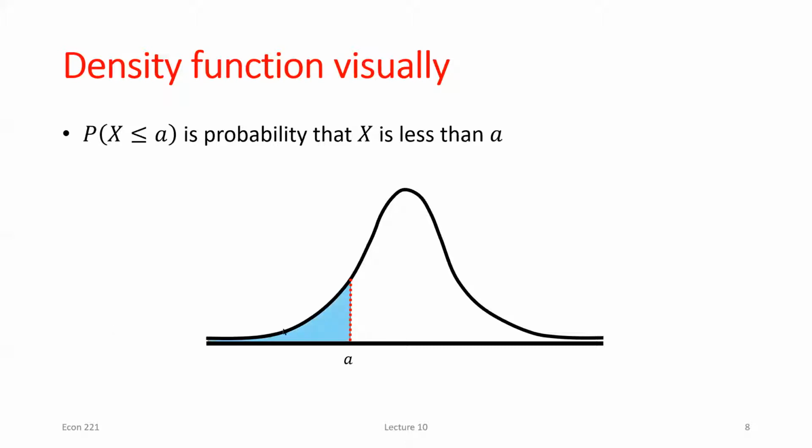So the area under that curve from the very lowest value up to A would be what the cumulative density function would tell me, right? Add up all the probabilities of every possible value that's equal to A or anything below it. So I can simply write the probability that X is less than or equal to A as the cumulative density function, capital F, and plug A into that function. Okay.